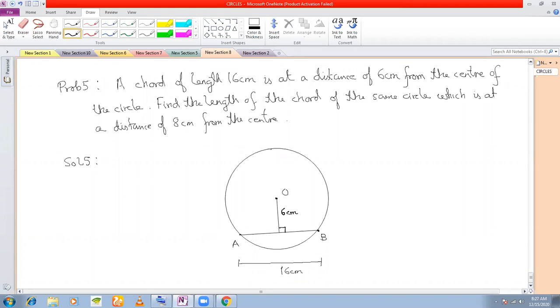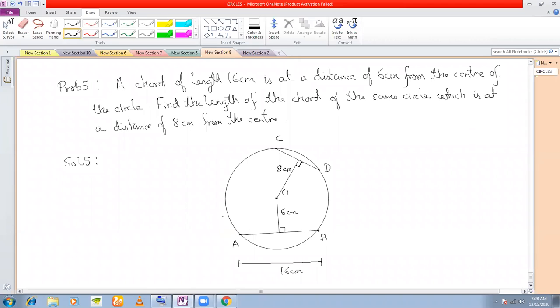Let us consider a chord CD, and let us say that this chord is at a distance of 8 centimeter from the center of the circle. You need to find out the length of the chord CD.